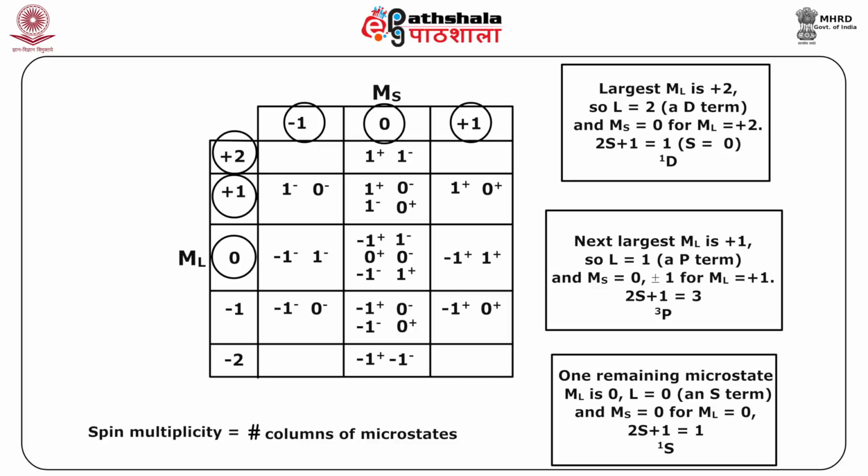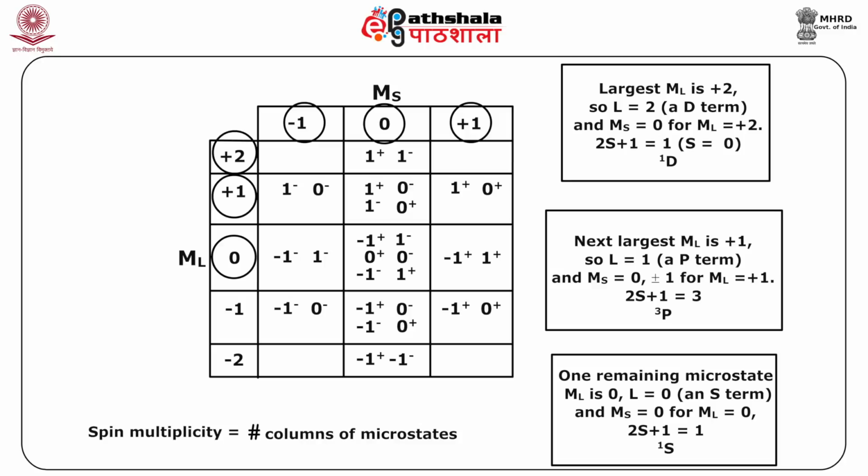The three terms, triplet P, singlet D, and singlet S, specify three distinct energy states with different electronic interactions. In the figure, there are the calculated free ion terms for the p2 configuration.